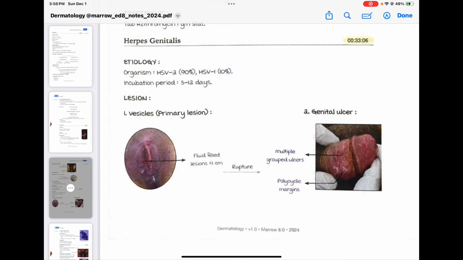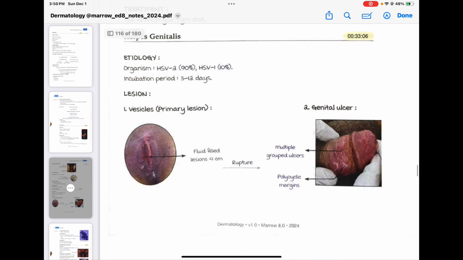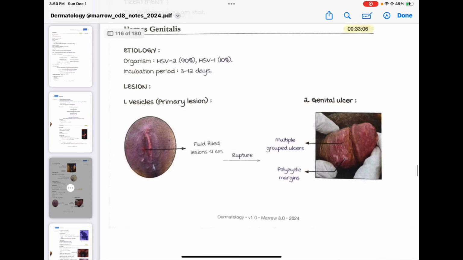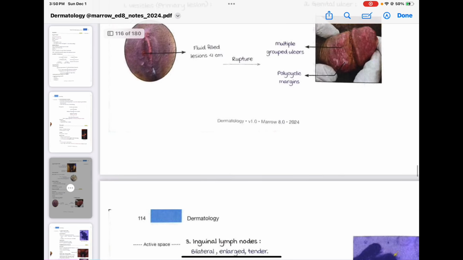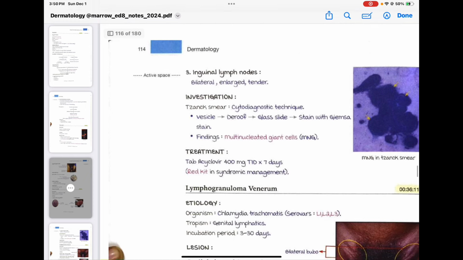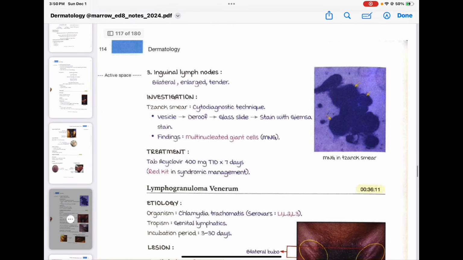Inguinal lymph nodes you check next. If they are not involved, it is donovanosis. If involved, you check if they are non-tender or tender.